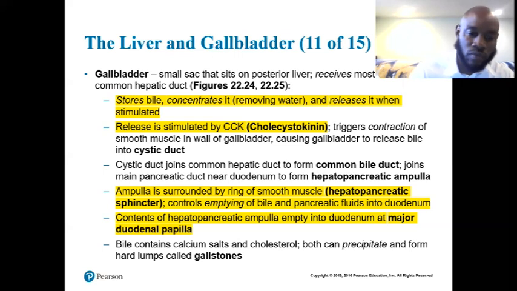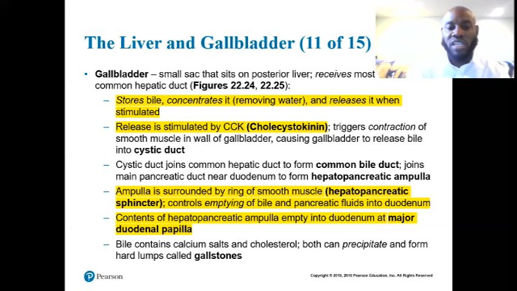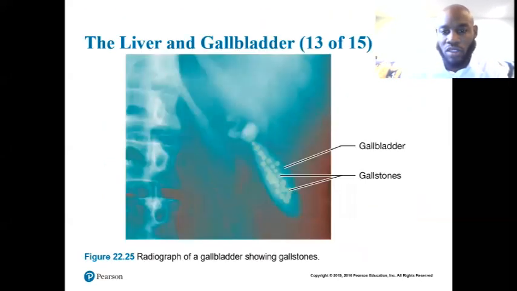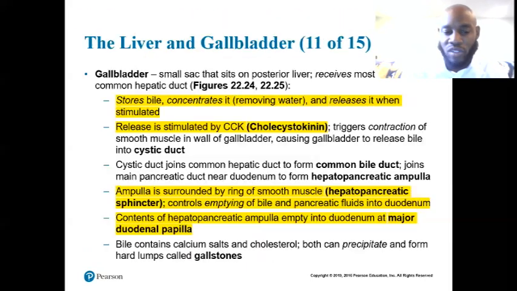All right. Bile contains calcium salts and cholesterol. Both can precipitate and form hard lumps called gallstones. We don't want those. And so you see how your gallbladder, we have a picture, you can get gallstones in your gallbladder.